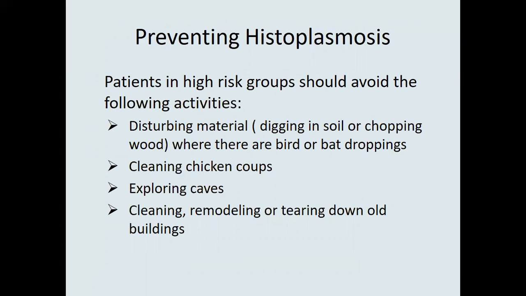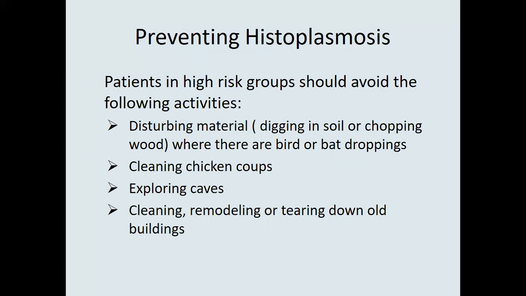And that's what the Centers for Disease Control says we should do to try and minimize the risk, especially for patients in high risk groups. So people that are immunosuppressed need to be careful when they're around places where there are a lot of bird or bat droppings, because that soil could very easily be contaminated with histoplasma. They probably shouldn't be cleaning chicken coops or exploring caves.